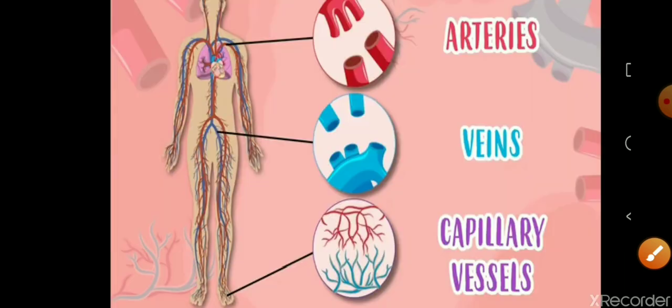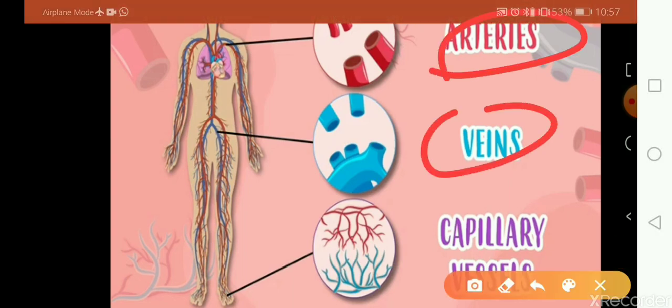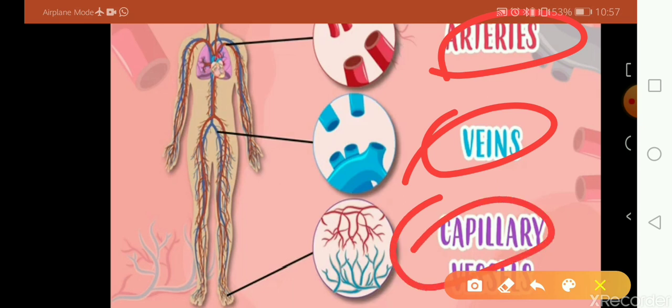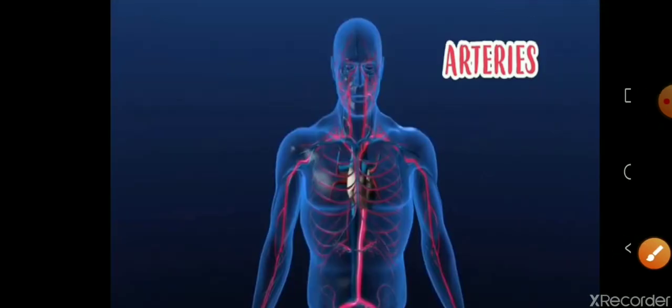As you can see here, and I have also discussed in the previous video, there are three types of blood vessels. The first is artery, the second is veins, and the third category is capillaries. Arteries are represented by the red color. They are the blood vessels that carry oxygenated blood, the blood which has a rich quantity of oxygen, to the different parts of the body from the heart.